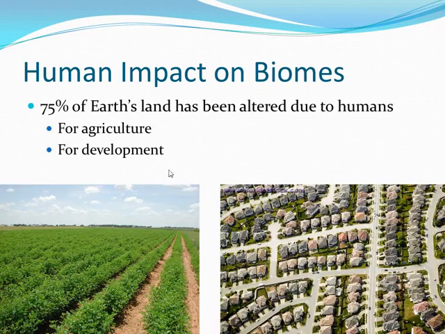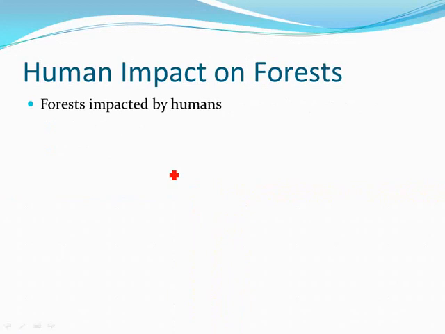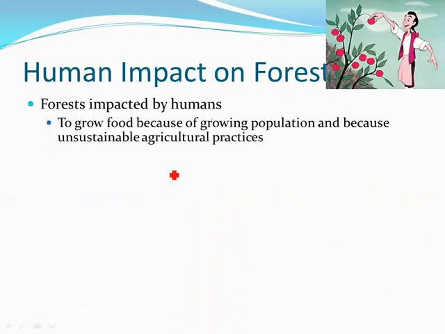Okay, so the way that we've impacted forests in particular: we cut down the forests to do agriculture, to grow food. Due to the growing population, we have to have more food sources. So we cut down forests to make places for us to plant food.